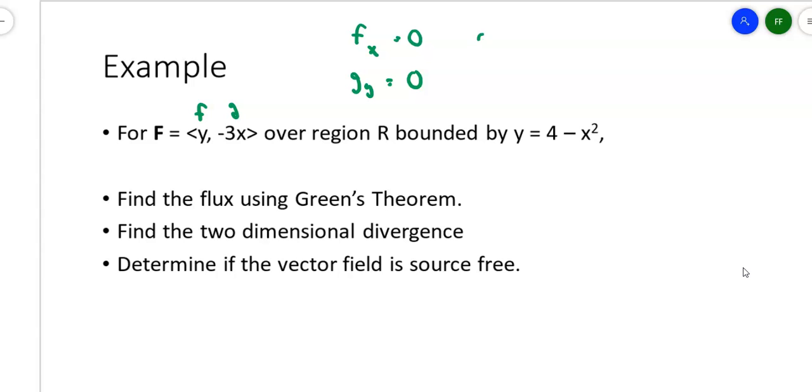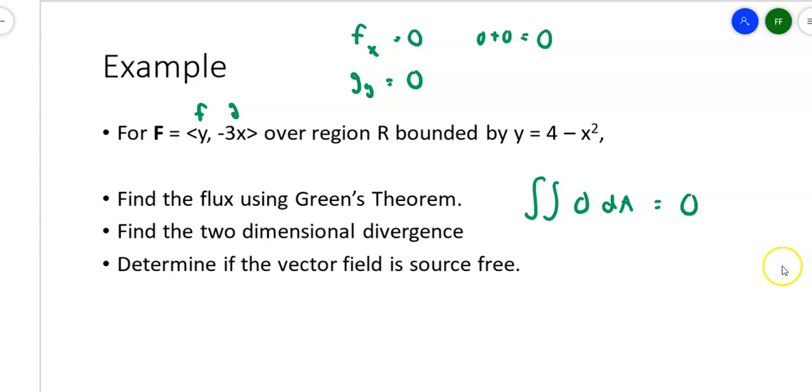And so if I add those together, I just get 0. Now, I could also check by taking the double integral of f_x plus g_y, so of 0 integrated with respect to the area, which it doesn't matter what the area is, still going to give me 0. So yeah, the two-dimensional divergence is 0, so the vector field is source-free.